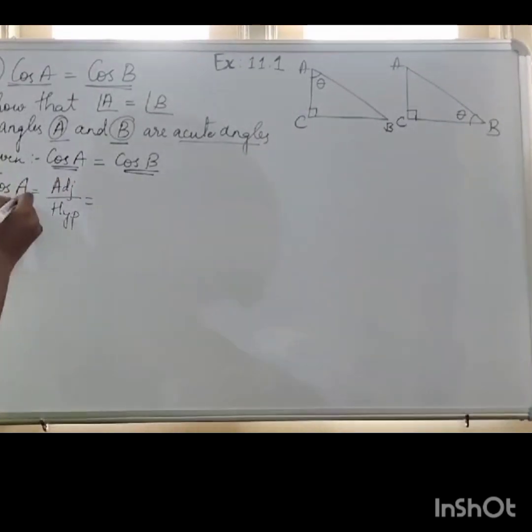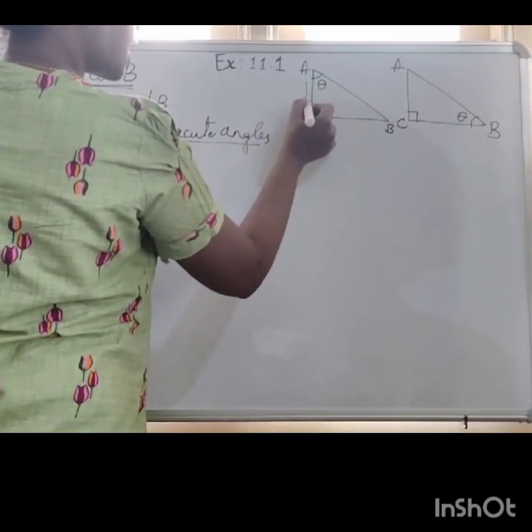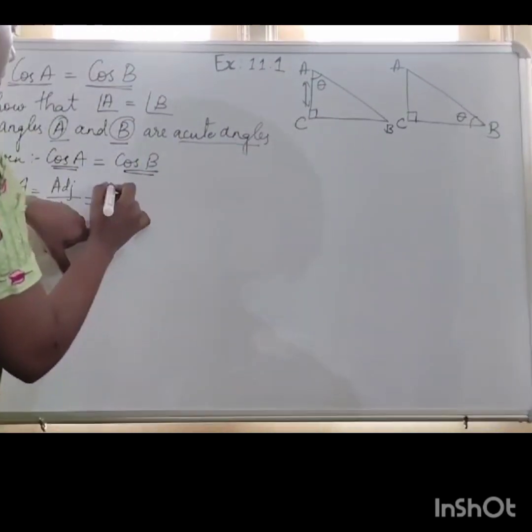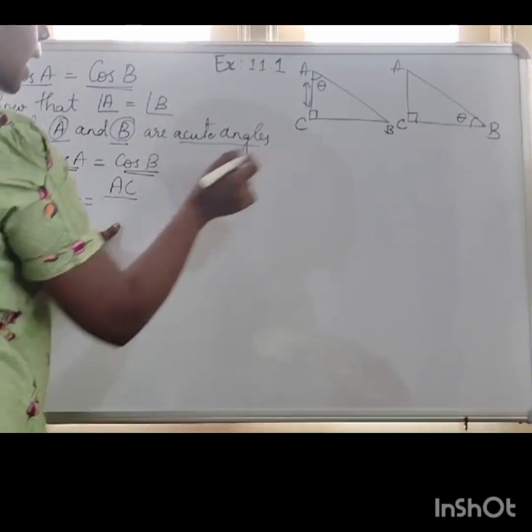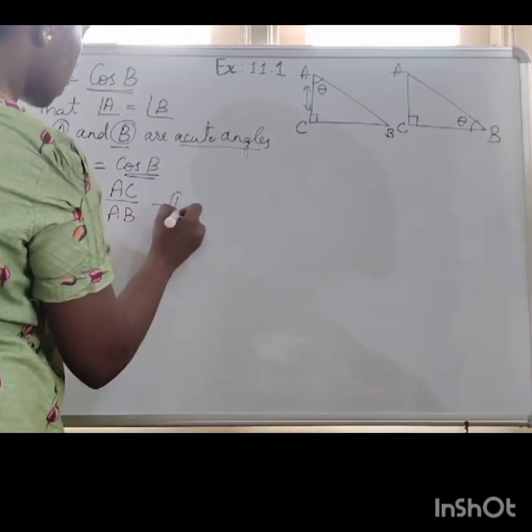So for cos A, for this triangle, adjacent is AC, so we will write AC. Hypotenuse is AB. So this is our first equation.